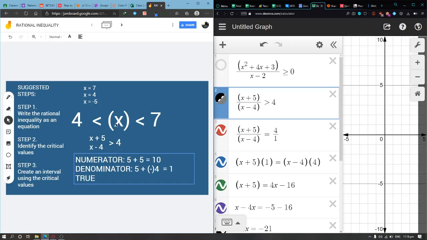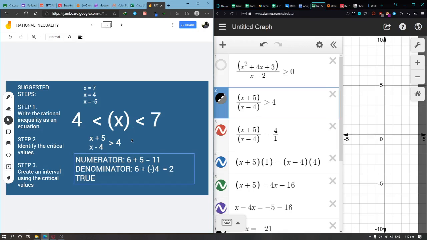Next, if we will try to substitute 6, 6 plus 5 is equal to 11, and 6 plus negative 4 is equal to 2. So the answer would be 11 over 2. It is equal to 5.5, and 5.5 is greater than 4.